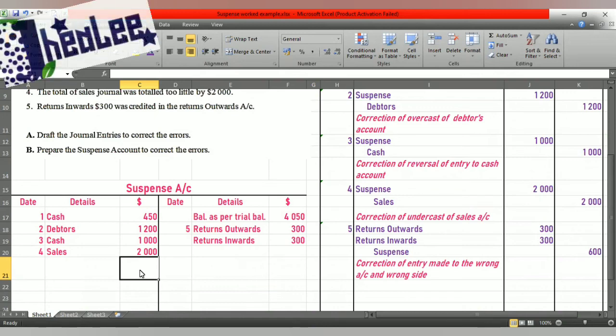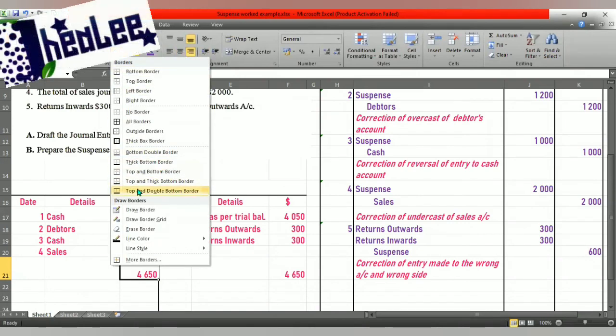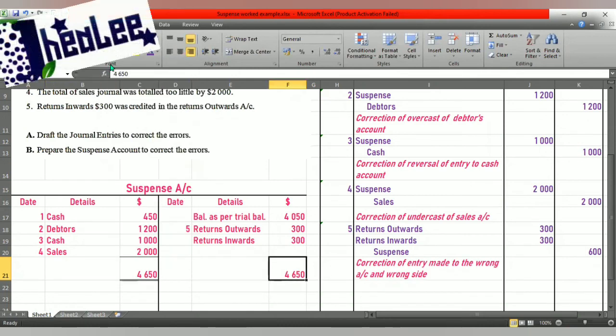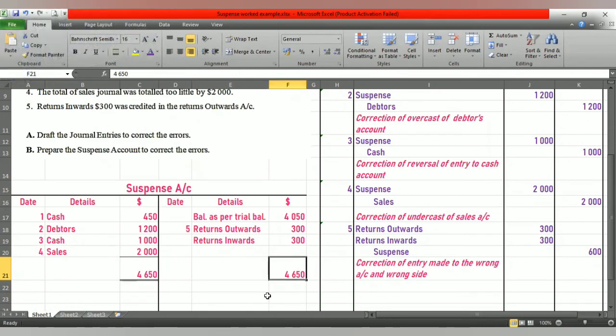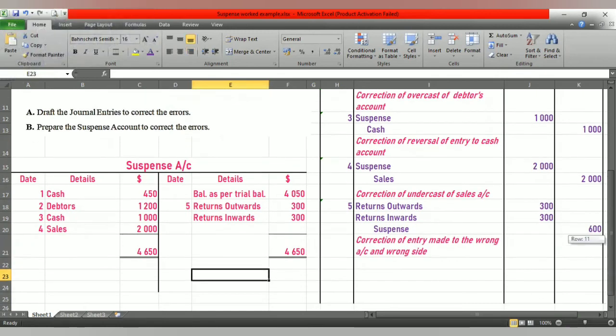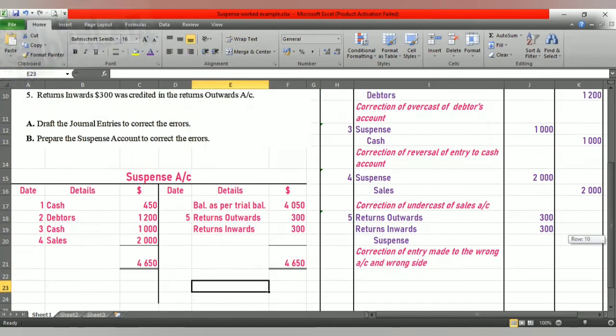So when you add up your debit column, you get a total of 4,650, and on our credit side, there is a total of 4,650. So we can safely say that the errors were successfully corrected.